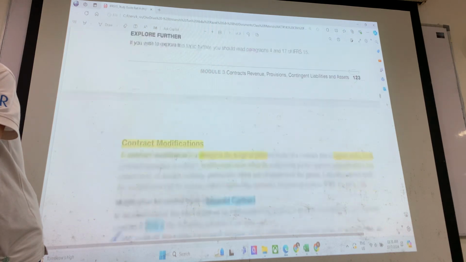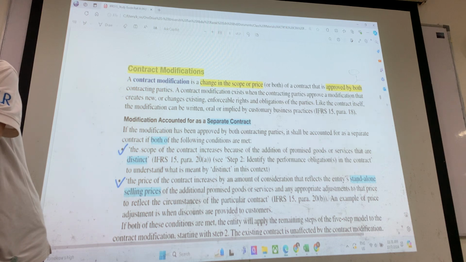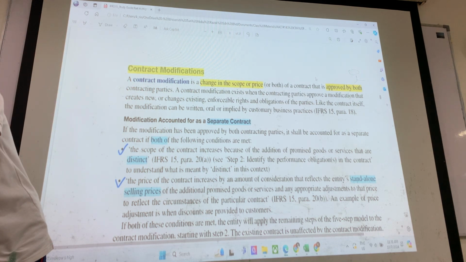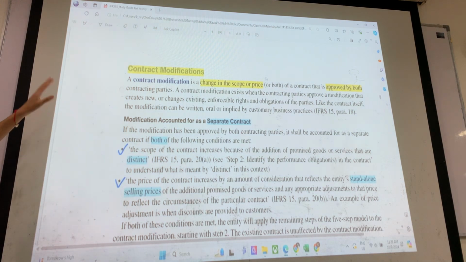How if we have modification? If you have a contract and your original contract has to be modified, then what are you going to do? This one you just take as a concept because it is a bit difficult.